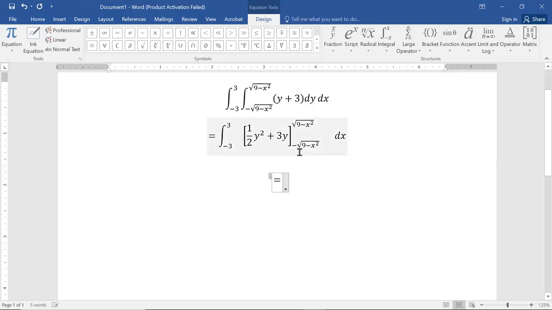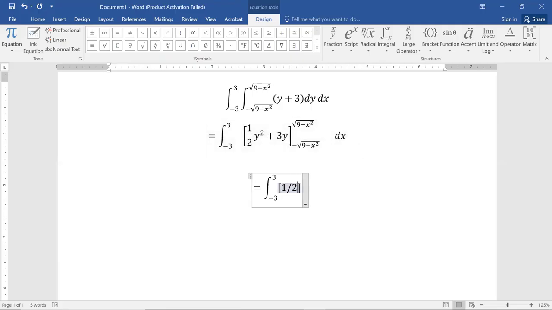Now, when you plug in the square root of 9 minus x squared, the positive square root, I'll plug in the positive square root first.